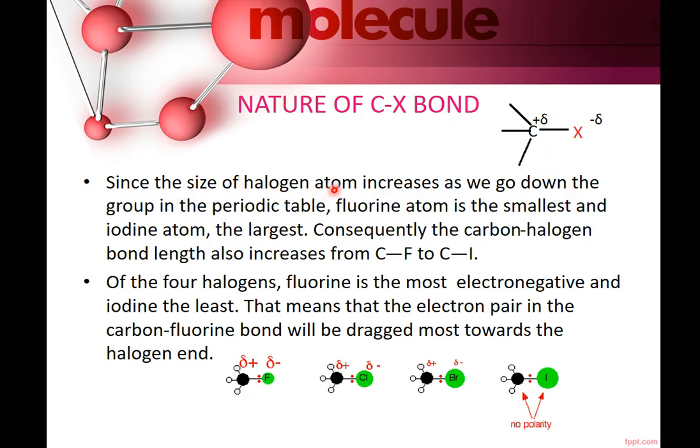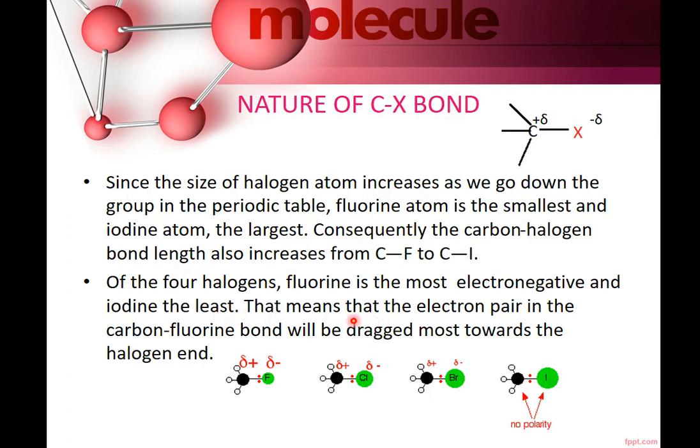Since the size of the halogen atom increases as we go down the group, fluorine atom is the smallest and iodine atom the largest. Consequently, carbon halogen bond length also increases from carbon fluorine to carbon iodine. Out of the four halogens, fluorine is most electronegative and iodine is the least.